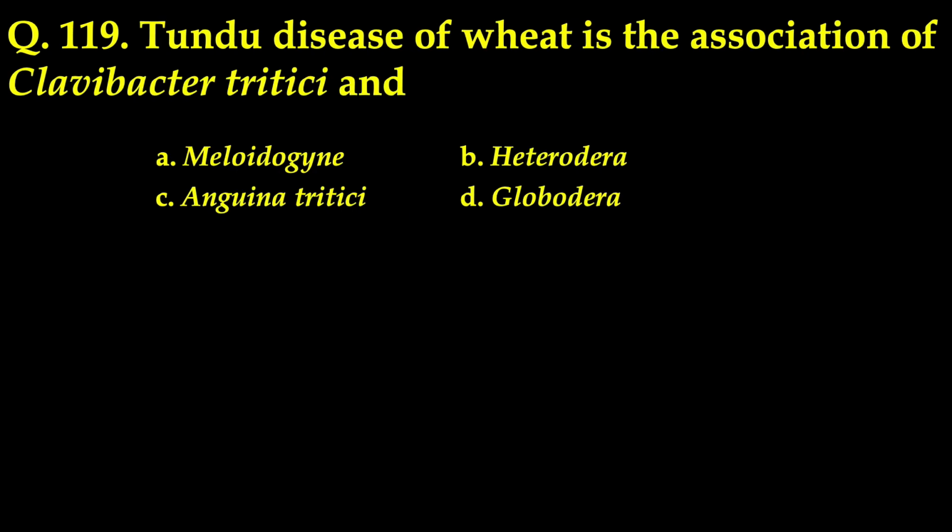Next question is on Tundu disease of wheat is the association of Clavibacter tritici, and in the options there are 4 nematodes named. So as we know, Tundu or the yellow ear rot disease, which is also known as yellow slime disease of wheat, is due to the combined action of the wheat nematode, that is Anguina tritici, and in this question the option C is there, and the bacterium Corynebacterium tritici or Clavibacter tritici.